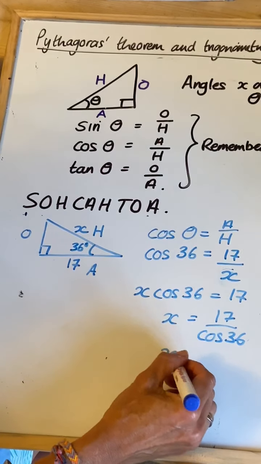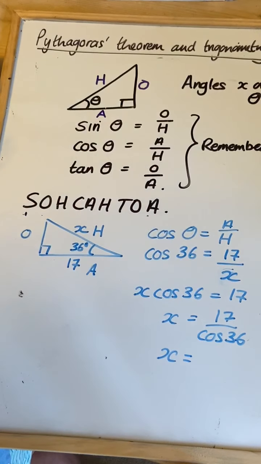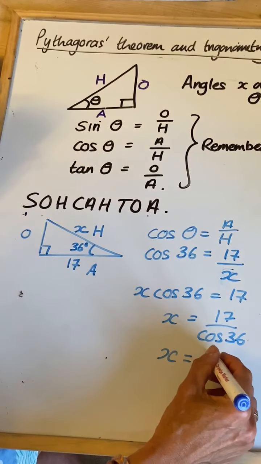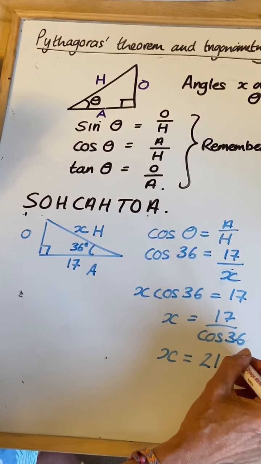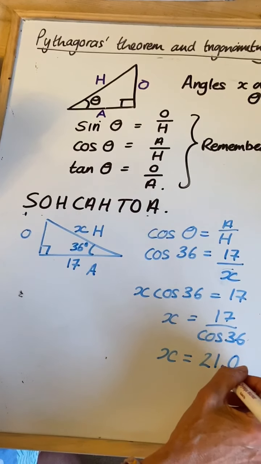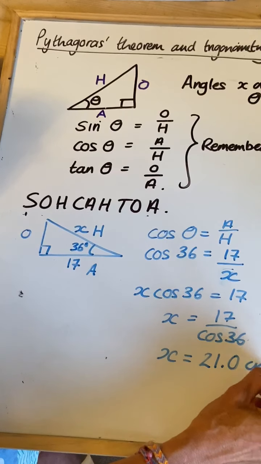And literally you can put that into your calculator as it is to find that missing side length. So 17 divided by cos of 36, close my bracket afterwards, is 21.0 to 1 decimal place centimetres.